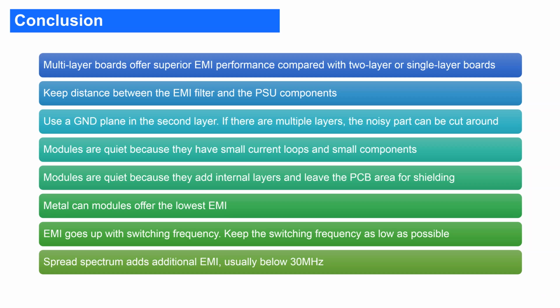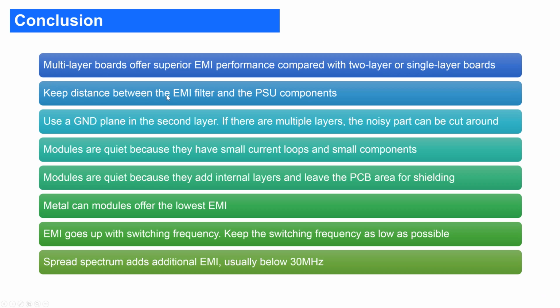So what you have hopefully learned today: multi-layer boards offer superior EMI compared to 2-layer or single-layer boards, because you have your planes, which with eddy currents attenuate magnetic noise much closer to your excitation sources, to the planes where the current actually flows.